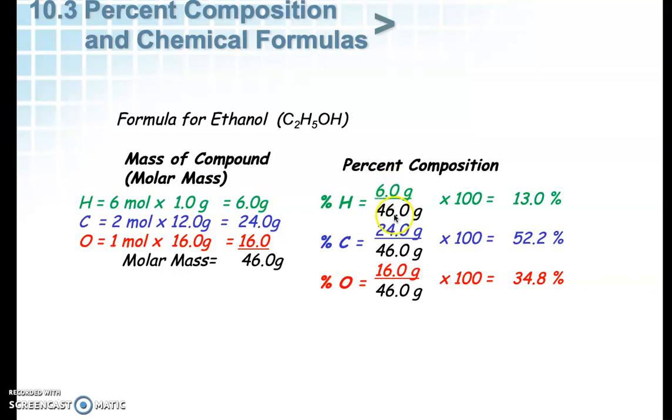So 6 divided by the molar mass, 24 divided by the molar mass, 16 divided by the molar mass. Multiply each one by 100 and you get 13%, 52.2%, and 34.8%. And you know you're correct when you add all these up and you get 100.